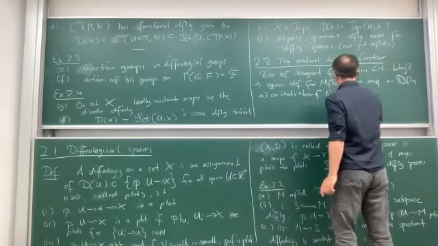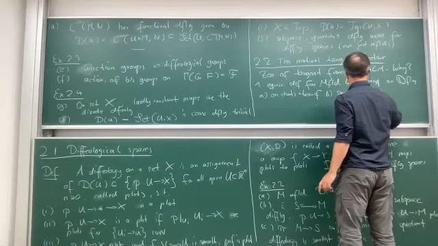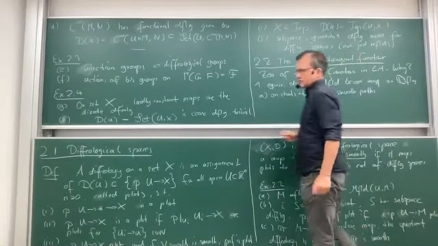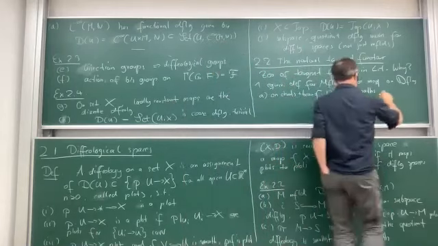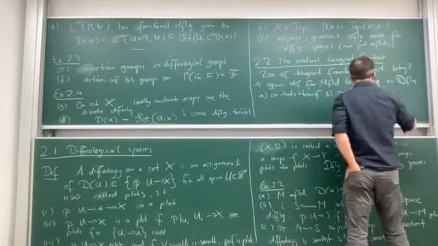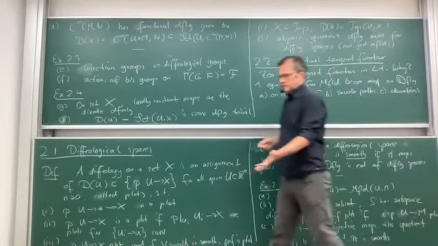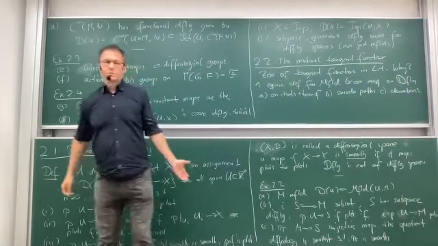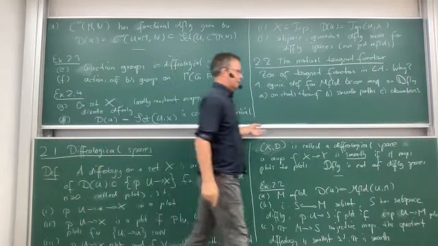B, by equivalence classes of smooth paths. That's what people typically call the kinematic definition. And then C, by derivations, so derivations of the ring of smooth functions, from vector fields, so derivations at the point of tangent vectors. And they all become inequivalent.